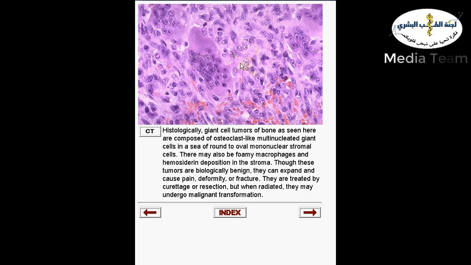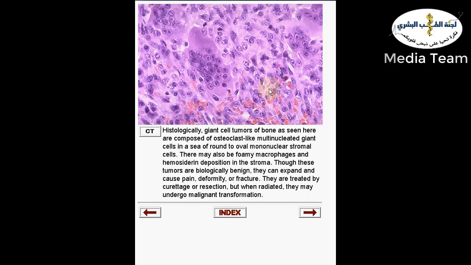Here we have a rounded nucleus with a prominent nucleolus. Again, in the giant cells, the same rounded nucleus with prominent nucleolus. And if you look carefully at the lower part of the picture, we have RBCs, a lot of hemorrhage. That's why it appears grossly as a hemorrhagic brown mass, because of the hemorrhage inside the giant cell tumor.